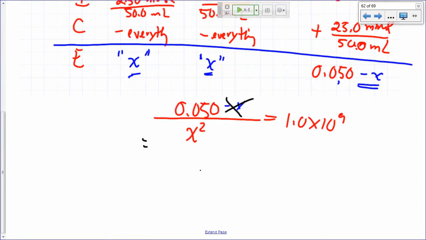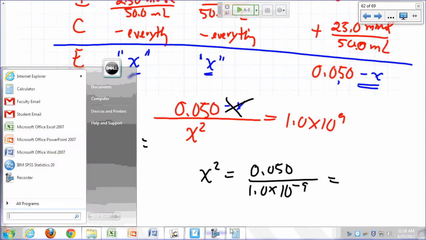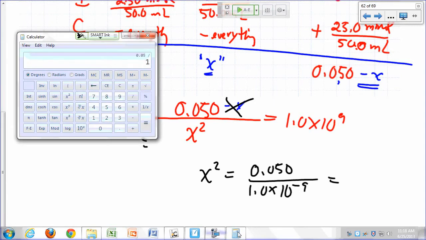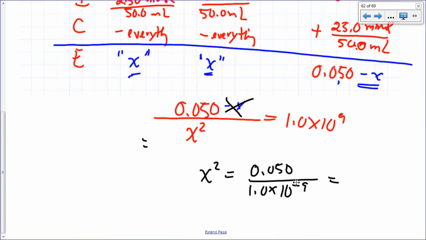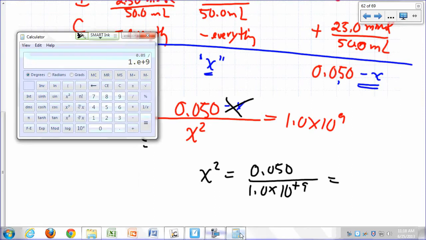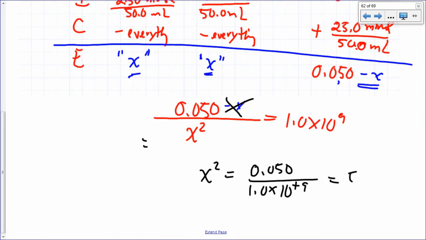So to solve for x, what do you get? x squared equals 0.050 divided by 1.0 times 10 to the 9, which equals 5 times 10 to the negative 11.